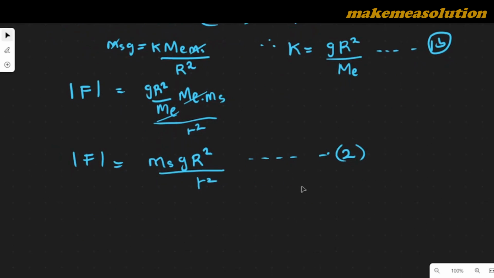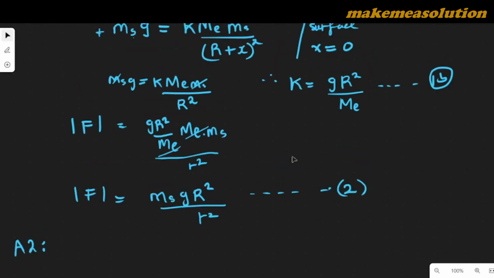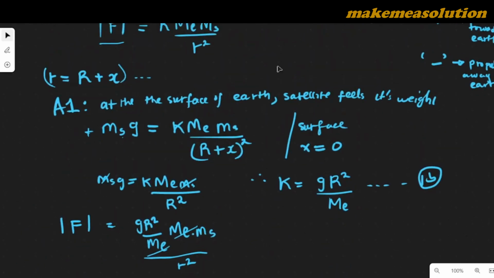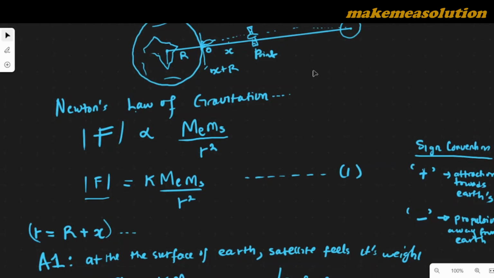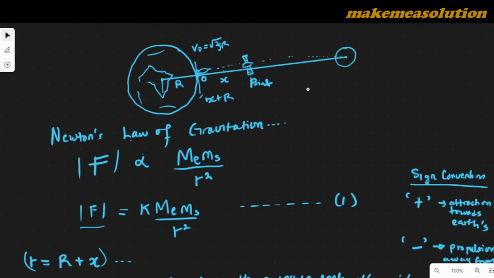Now let's move on. The next assumption that we are going to make is that the rocket has already taken off from the surface of the earth. Now when this rocket takes off, if you remember your second law of motion precisely, the magnitude of the force is proportional to the mass of the satellite and the acceleration with which the satellite progresses.